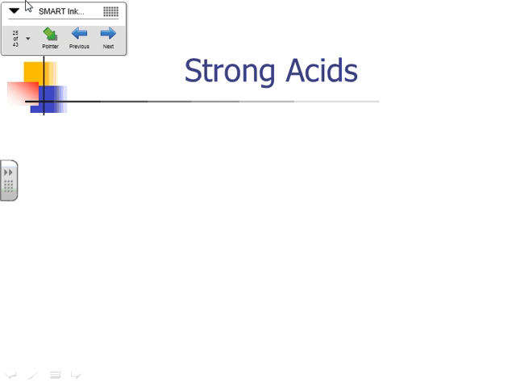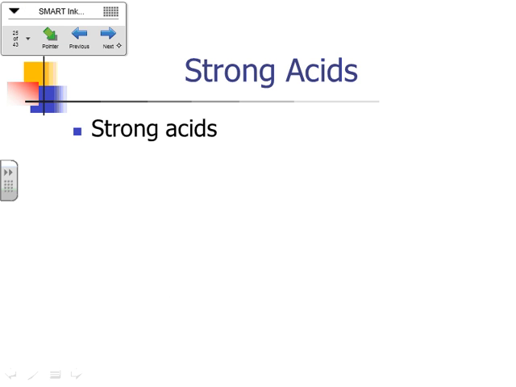So what we need to learn today is the difference between a strong acid and a weak acid, and the difference between a strong base and a weak base, okay? Which can be kind of an important distinction so that you don't put your hand into something that will melt your skin off. So that's what we're going to talk about here, okay?